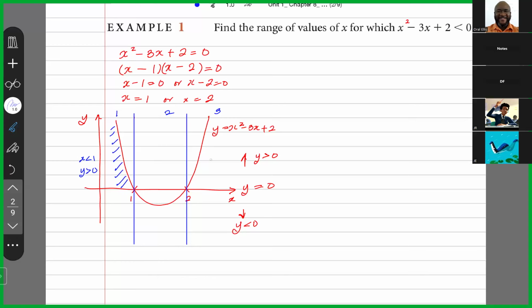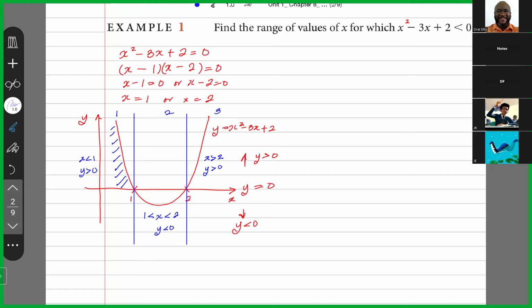Over here is where x is greater than 2 and y is greater than 0. We know that y is greater than 0 because that region of the graph is above the x-axis. In this region of the graph, x is less than 2, greater than 1, and y is less than 0.